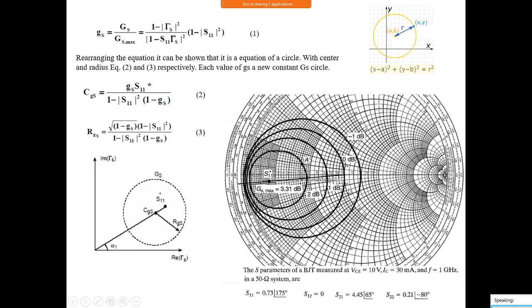We know from the previous semester's transmission line course, it has a reflection coefficient. We were using this for finding the reflection coefficient. And this is an impedance chart now.